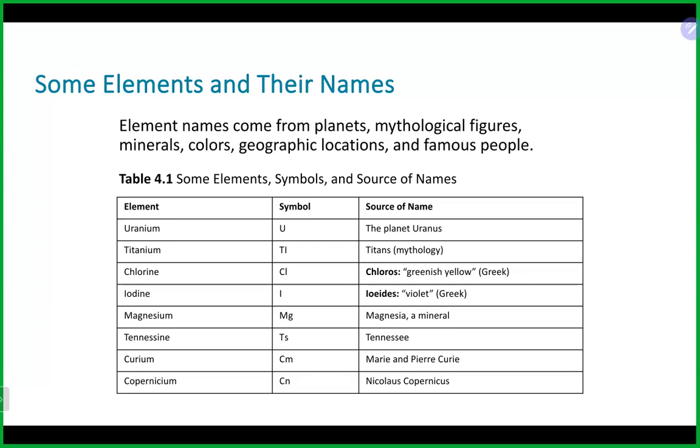So I would take some time now to get some familiarity with a good number of the names and symbols. You will be given a periodic table that only has the symbols. It does not have the names. You will need to know those names.